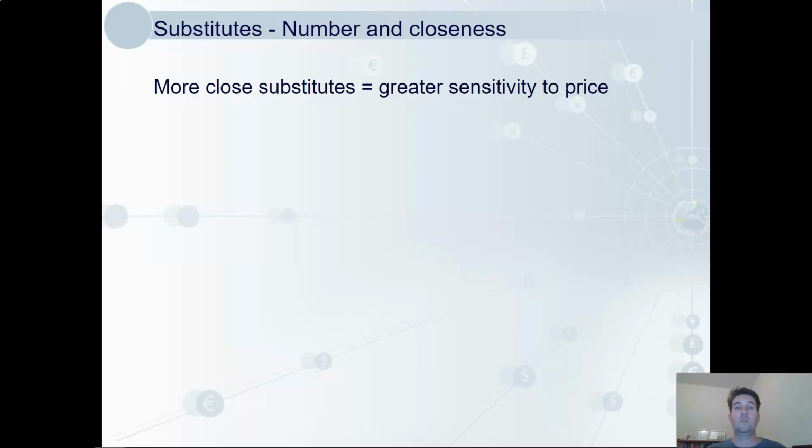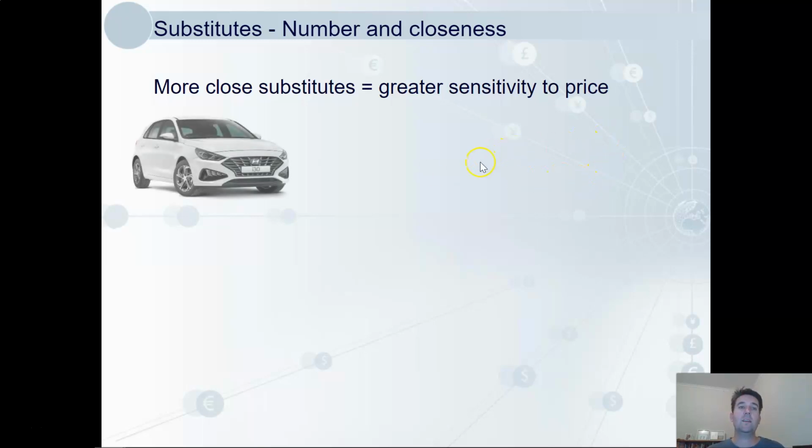So substitutes, the number and closeness. How easy is it to switch consumption to a substitute? This is going to determine whether the demand for your good is elastic or inelastic. So let's look through some examples. Let's say you're interested in buying this car, a Hyundai i30.